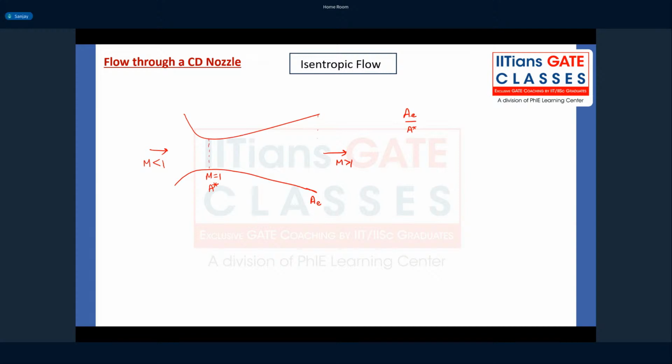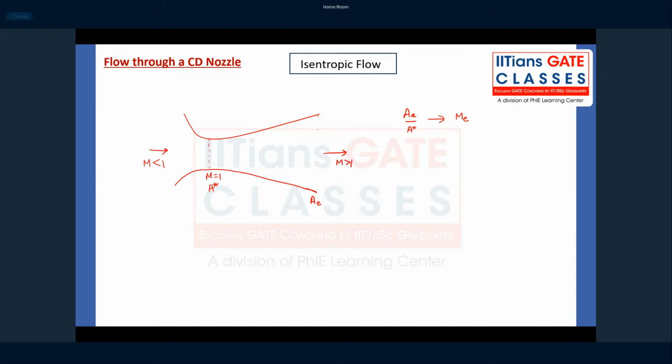Because I know my AE by A star, I can get the corresponding value of Mach number at the exit using the last relation. Agreed? If I know my A by A star, I can get the value of exit Mach number from the area Mach relation, which I just showed you in the last slide.